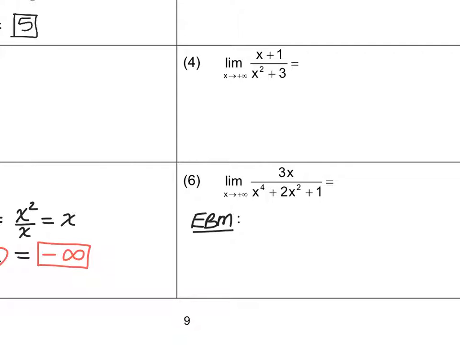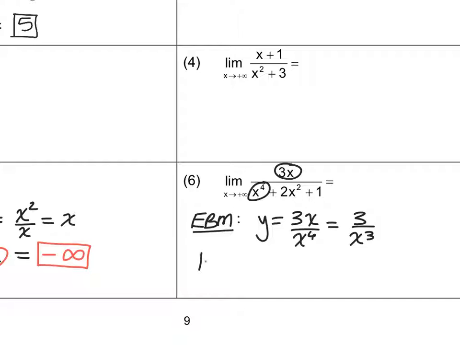All right, and so the last one I want to go over is number 6, because I'm giving you the 3 different flavors. All right, so we have y equals, we got the 3x, we got the x to the 4th, and that simplifies down to what? 3 over x to the 3rd.